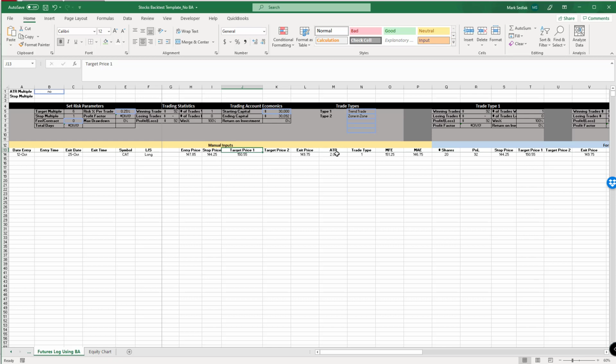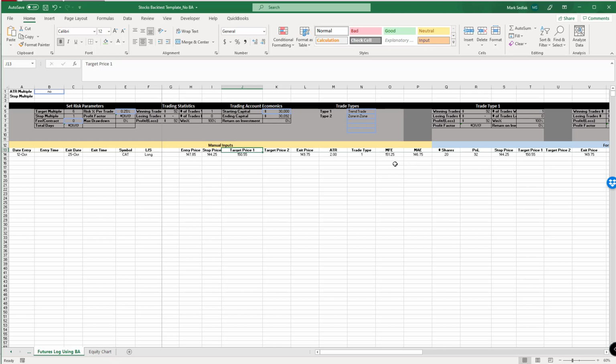ATR. If you use the ATR, this is where you will put the ATR value. And then here I put a section where you can do types of trades. So you would just type in which trade type this specific setup was. And then I like to label them up here just so I know what trade type it is.